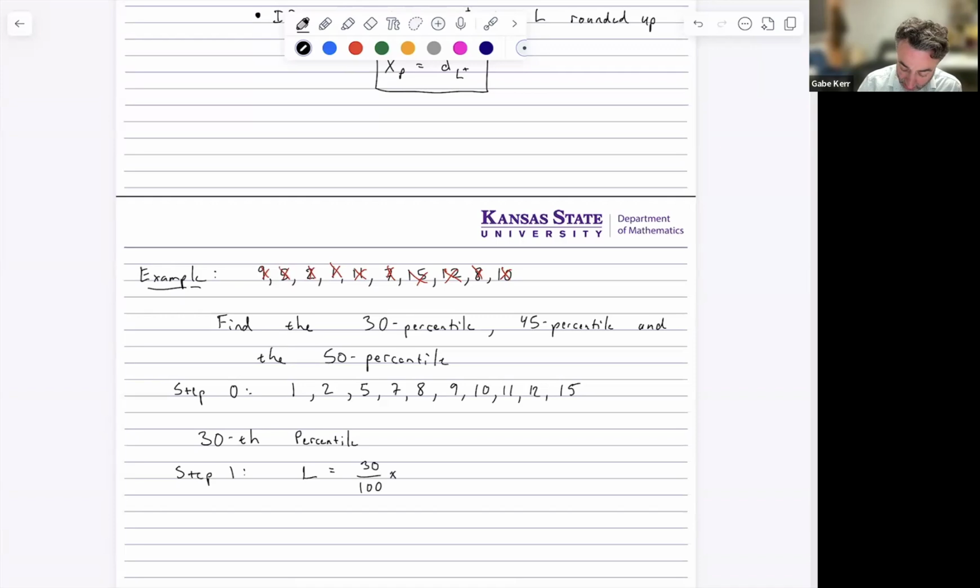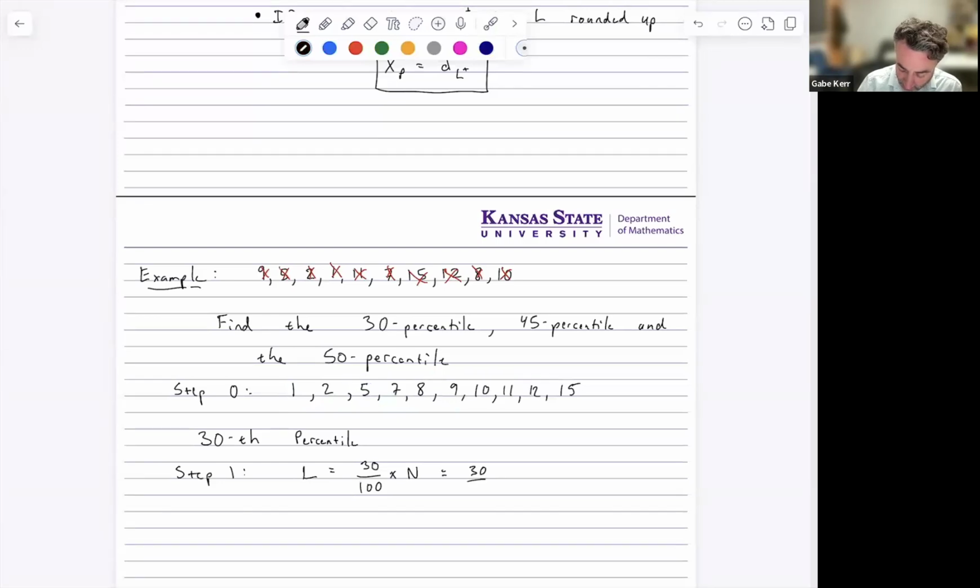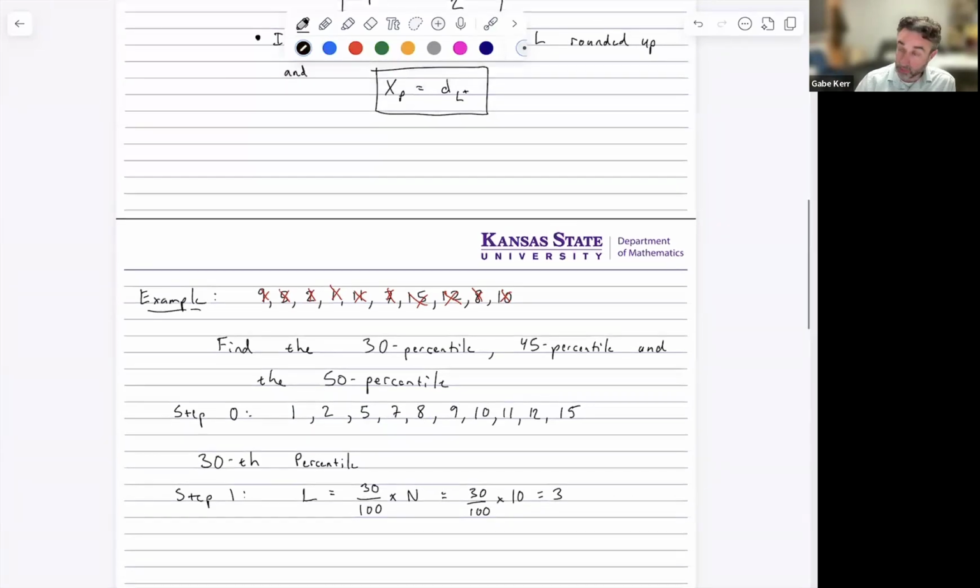To find n, we have to count how many numbers we have. We have 1, 2, 3, 4, 5, 6, 7, 8, 9, 10. n is 10. So L equals 30 over 100 times 10, and that is equal to 3. So L in this case is 3. And now I've completed step 1.